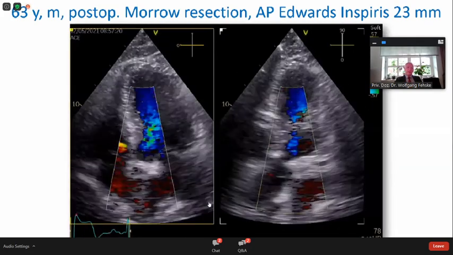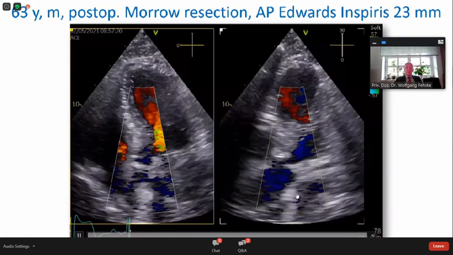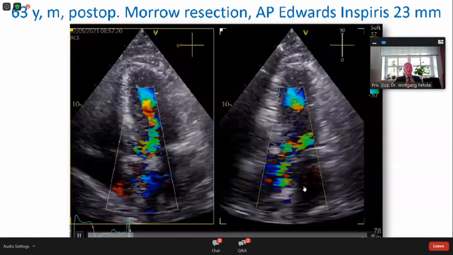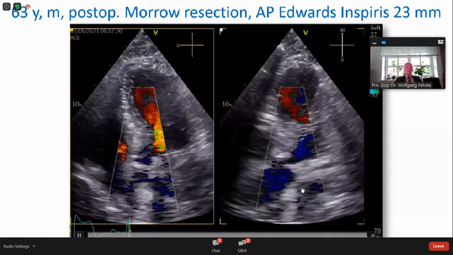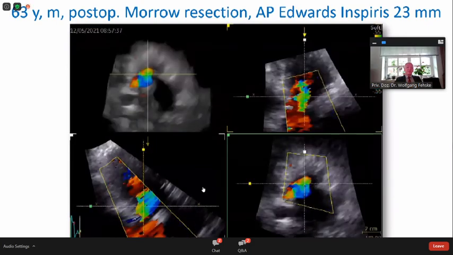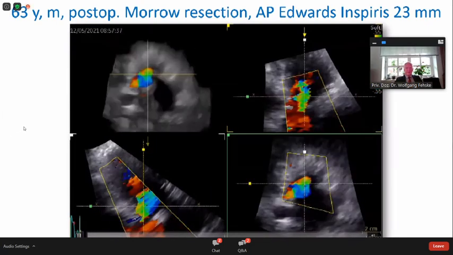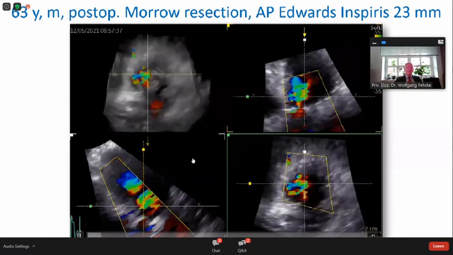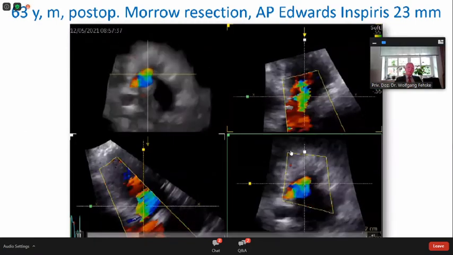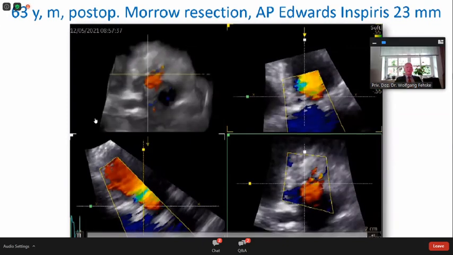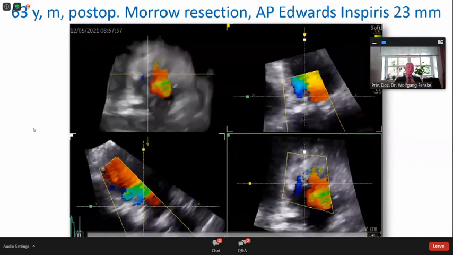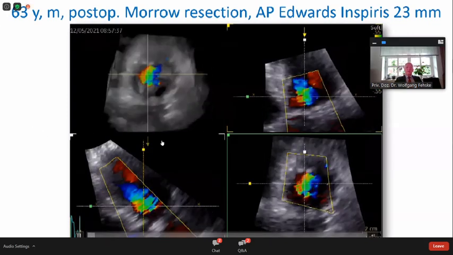There are the high velocities, and if you look at this 3D cut through the valve, you can see here, even if it is a typical patient and not an ideal image, that there are extreme differences in the velocities across the cross-section. So we do not really rely on these values.